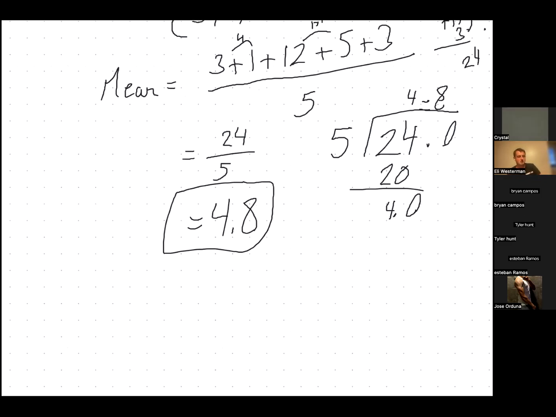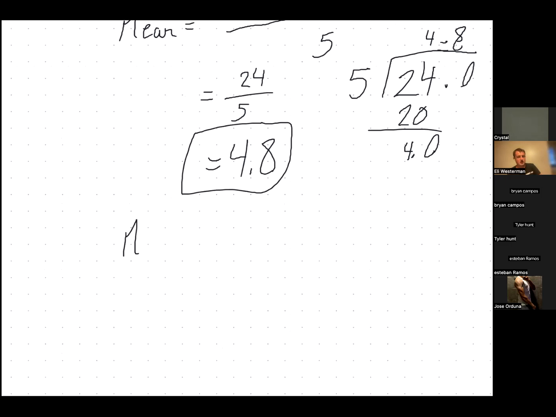What is the median? Well, for the median, we've got to line those puppies up in order now. So 1, 3, 3, 5, 12. We line them up in order. Then we cross out the smallest, cross out the biggest, cross out the smallest, cross out the biggest, and what's left is the median. So the median is 3.